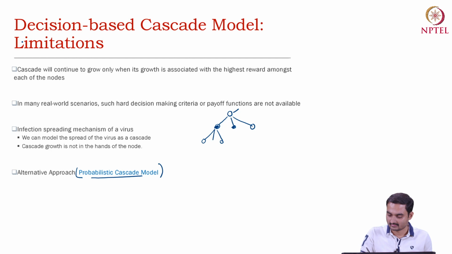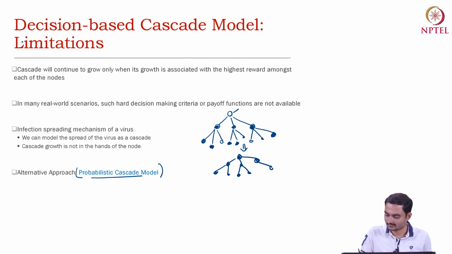Similarly, each of these neighbors again has 3 neighbors and only some of them have got infected, and so on and so forth. So from this tree like structure, you can get a filtered tree based on only the nodes which have got infected.